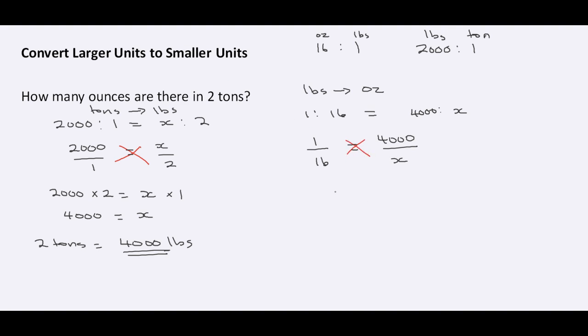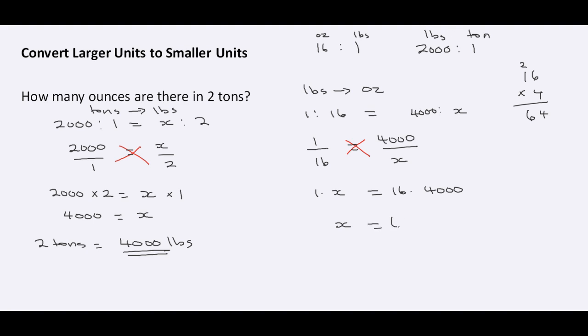Now we have 1 multiplied by X is equal to 16 multiplied by 4,000. So 1 multiplied by X is going to give us X. 16 multiplied by 4,000, so I'm just going to multiply 16 by 4. 6 times 4, we have 24. We put a 4, carry up a 2. 4 times 1 is 4 plus 2, that's 6.